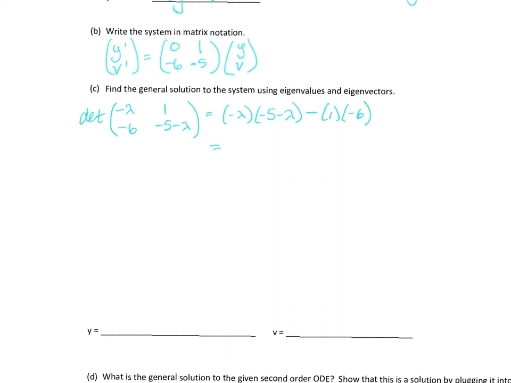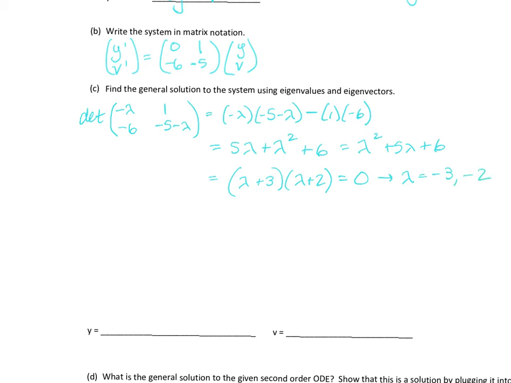So that's 5 lambda plus lambda squared plus 6, which, to write that in descending powers, we have lambda squared plus 5 lambda plus 6, which we can factor to lambda plus 3 times lambda plus 2, which is 0. We set that equal to 0 and solve, and we get lambda equals negative 3 and negative 2.